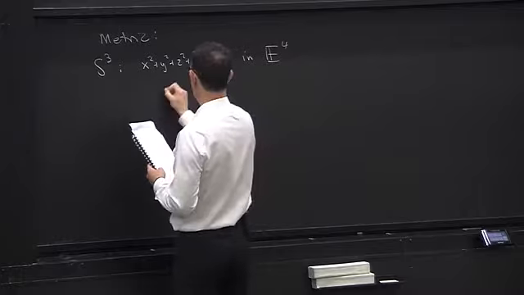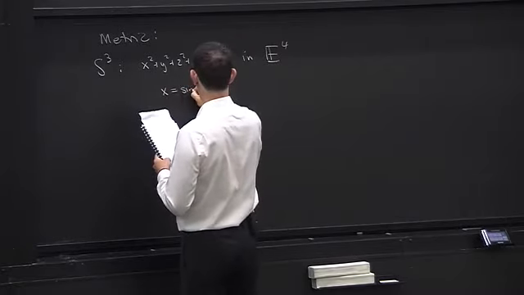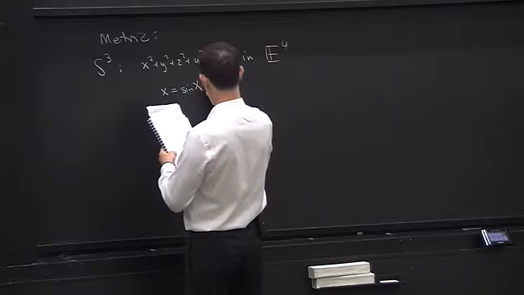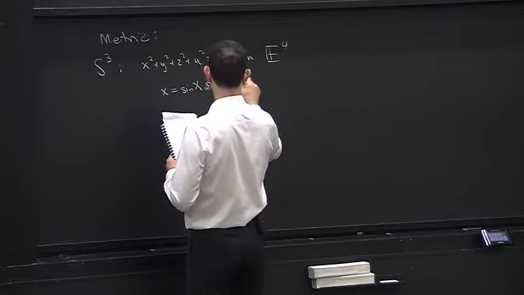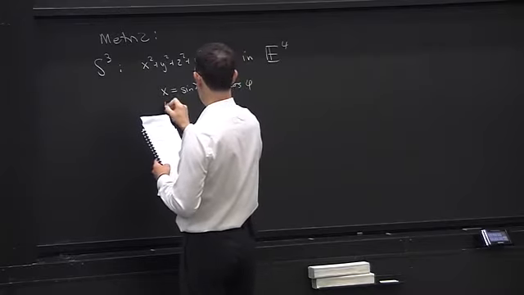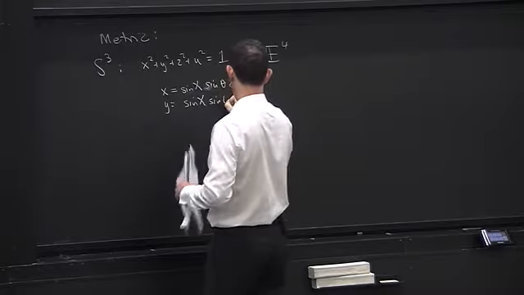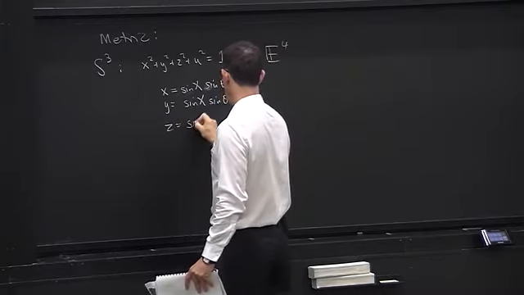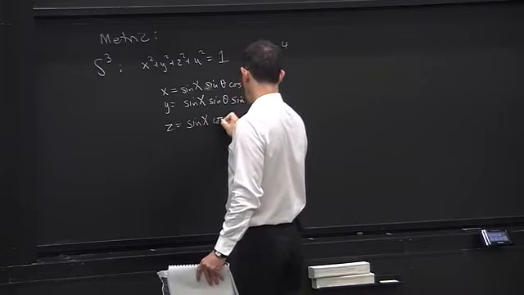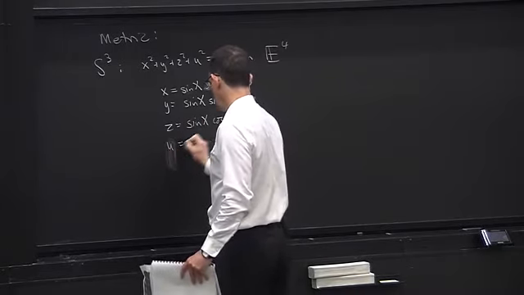And so obviously to solve this constraint, I just say x equals sine chi sine theta cosine phi, y equals sine chi sine theta sine phi, z equals sine chi cos theta, u equals cos chi.